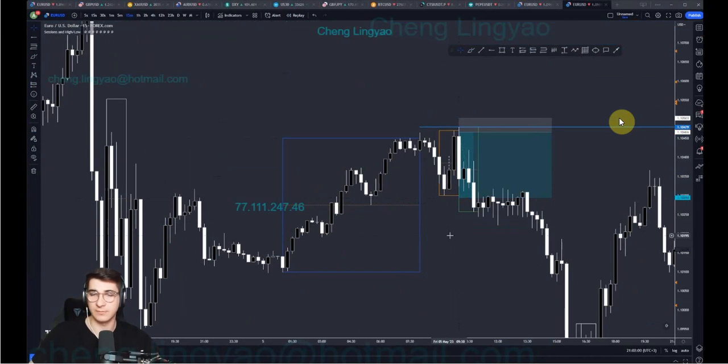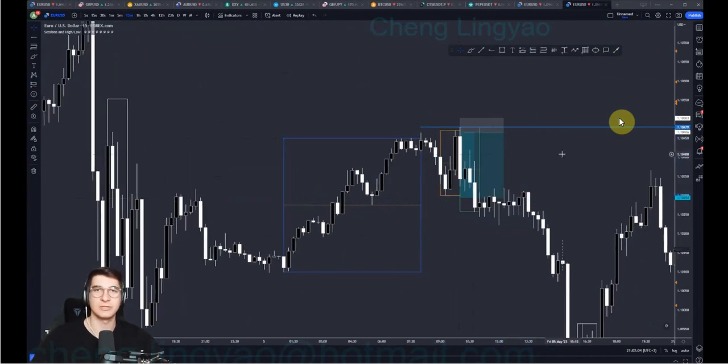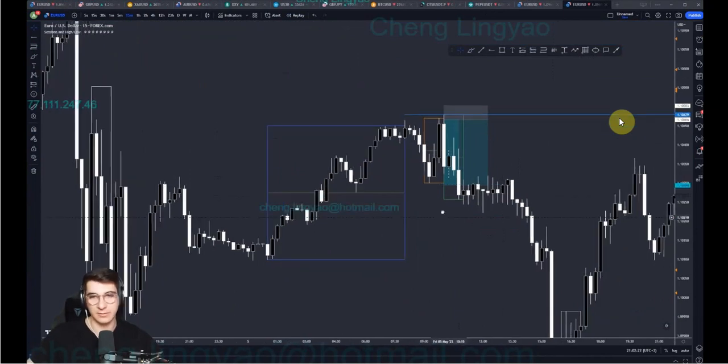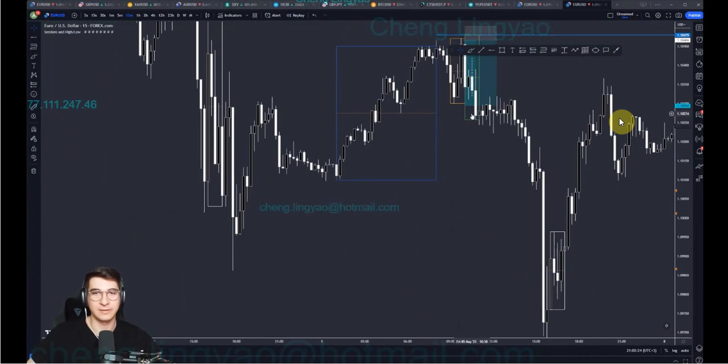That's just the first take profit that we can take, because as I said in the previous video, London session is going to be for a more aggressive trade. So we're going to look to scalp, we're going to look to enter the trade with a good stop loss and exit the trade as fast as possible. So that is why the first take profit is the next liquidity point, which in this case was Frankfurt low. So we're going to take profit from Frankfurt low and then target the next liquidity point, which is Asia low.